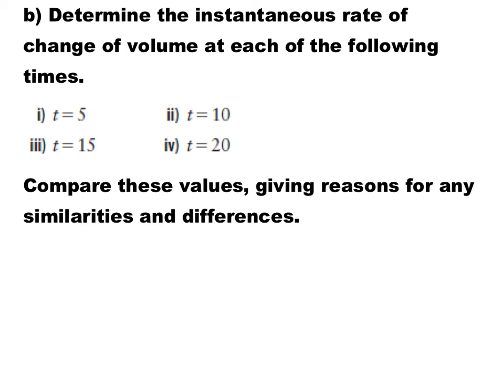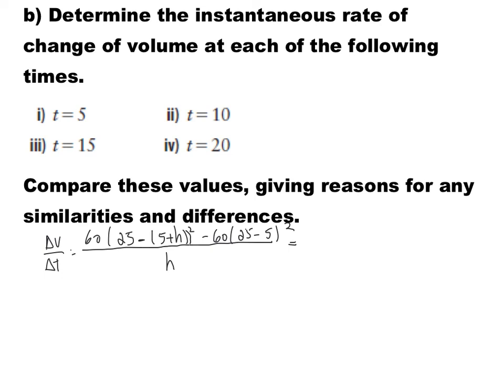So we are going to say the rate of change, delta V over delta t, is equal to 60 times (25 minus (5 plus h)) squared, minus 60 times (25 minus 5) squared, over h.